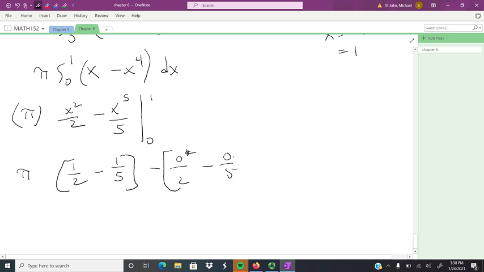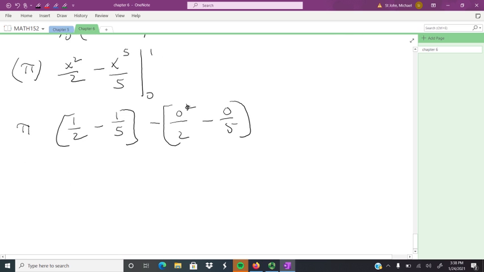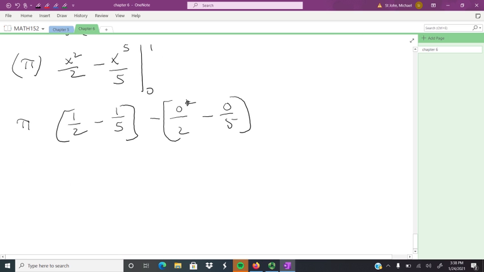So actually the back part is 0. And so let's see. So this is going to become 5/10 minus 2/10. And we're going to end up with 3/10 pi.